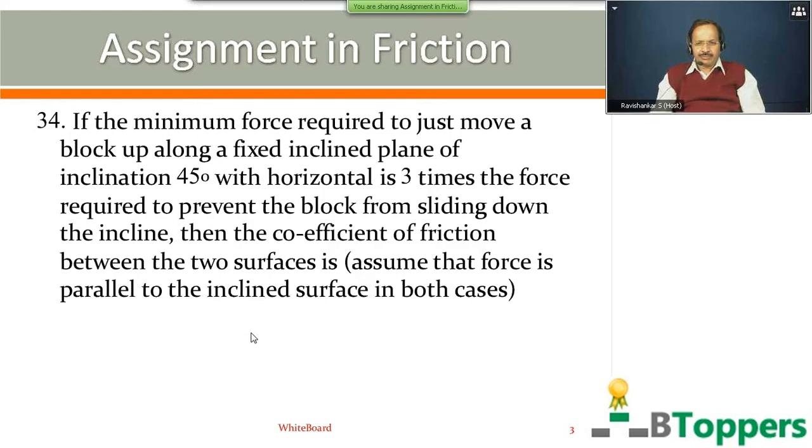The coefficient of friction between the two surfaces is, assume that force is parallel to the inclined surface in both cases. So I have shown you the 4 options on the screen. Come on, try to answer this question.